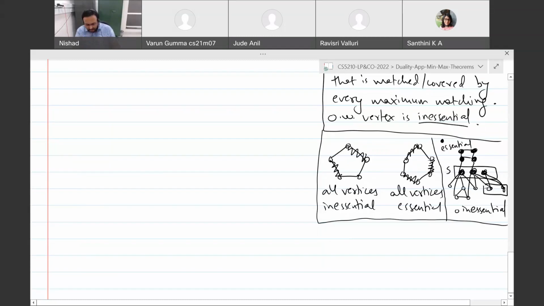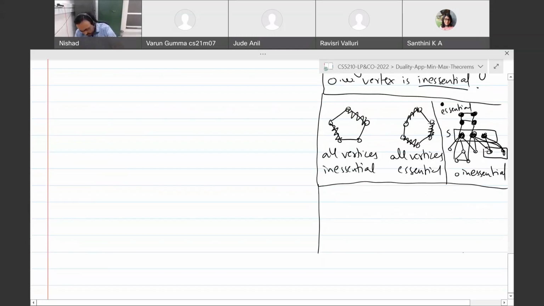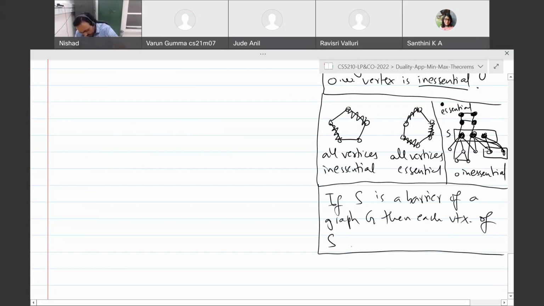Okay, and the observation I want to make is that if S is a barrier of a graph G, then each vertex of S is essential. However, there may also be other essential vertices.